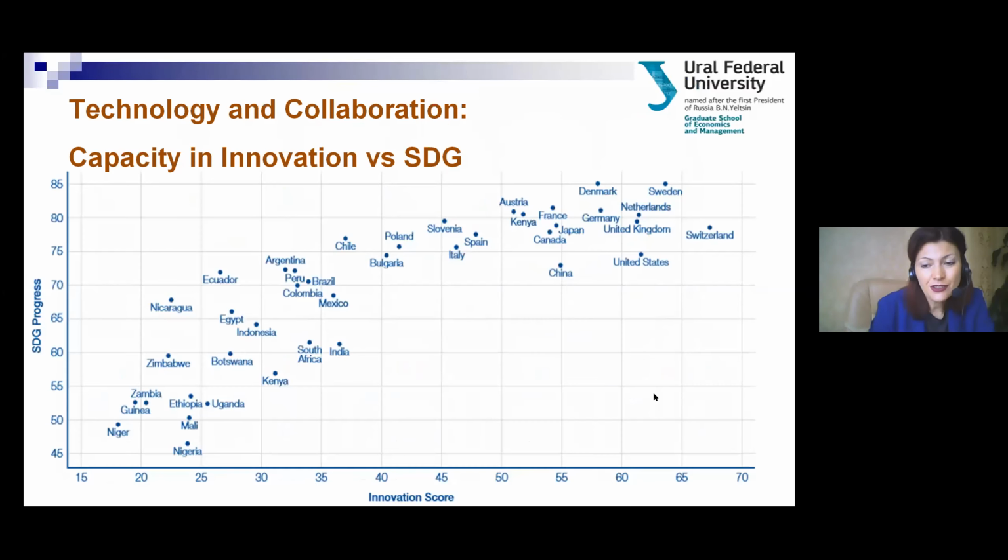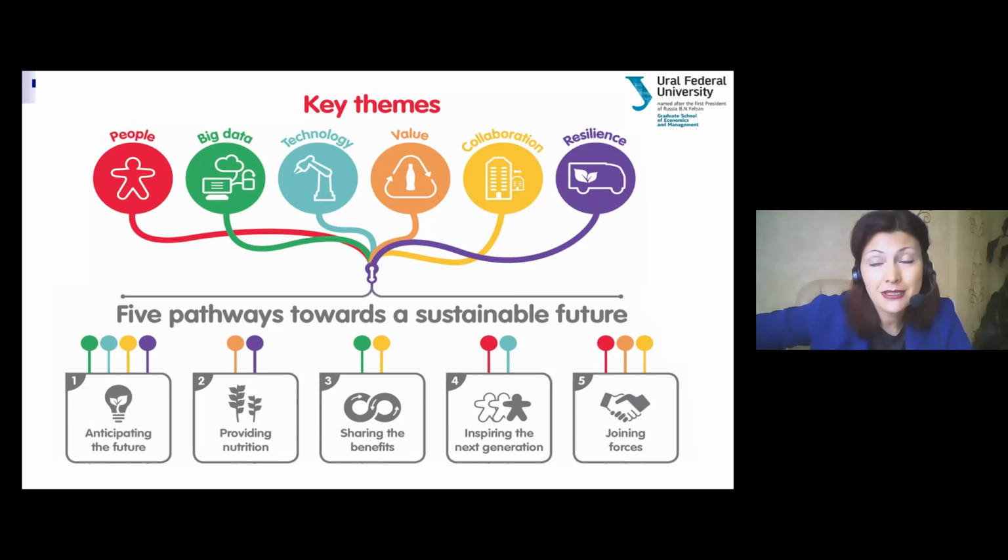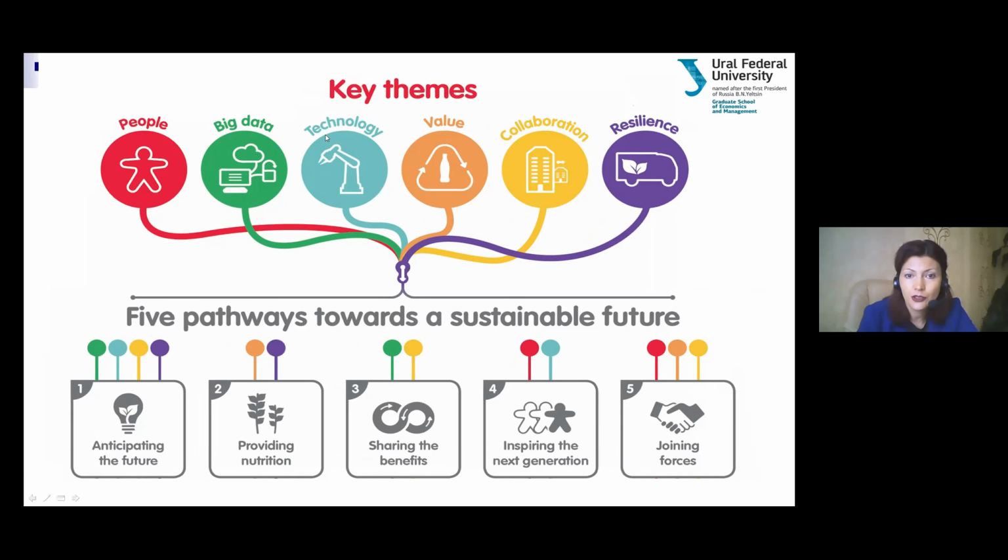When such a result was measured in 2019 and 2018, even earlier, companies who took a leadership, and they are the biggest companies, decided to switch to a better image of SDG and better understanding and methodology, how to measure economic and social projects toward a better sustainable future. So they defined these 6 transformation directions: people, big data, technology, value, collaboration, and resilience.